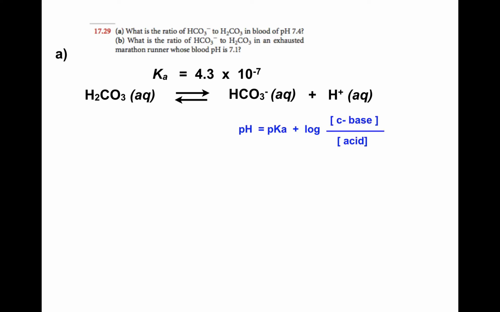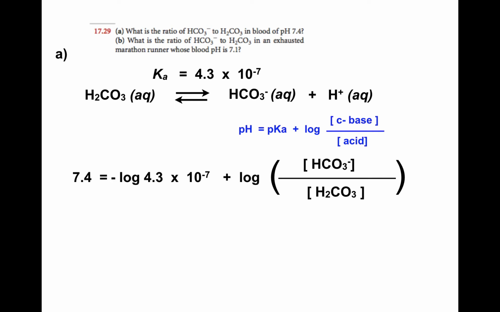So here's another one. What is the ratio of hydrogen carbonate to carbonic acid in blood when we have a pH of 7.4? That's the pH I'm getting to. What I want to solve for is what the ratio has to be of hydrogen carbonate to carbonic acid. The negative log of the Ka is the pKa.